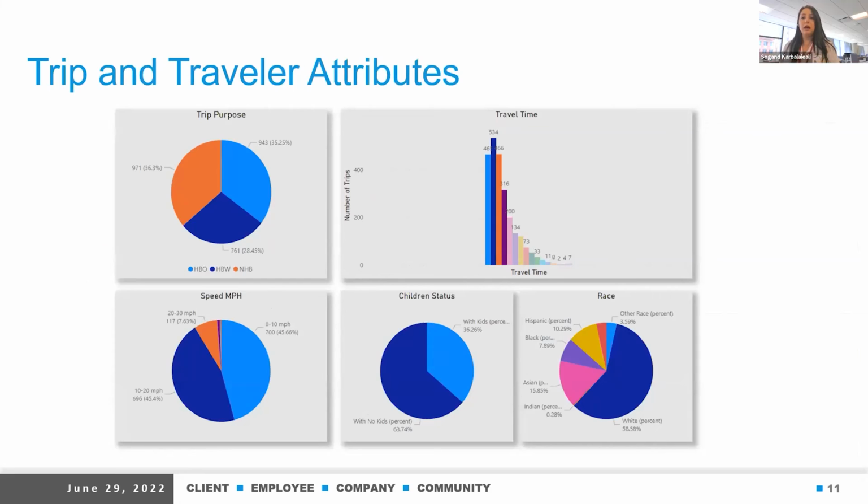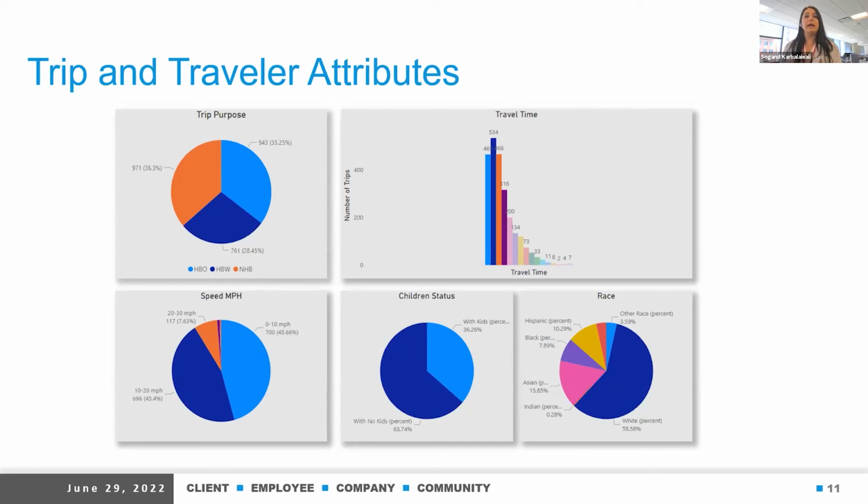It depends on your application, but because this dashboard is going to be used as the very first level of planning and exploring what is possible in a study area that has safety or operation issues, here I added a few pie charts and bar charts to the dashboard showing trip purpose: home based other, home based work, and non-home based, on the top left.